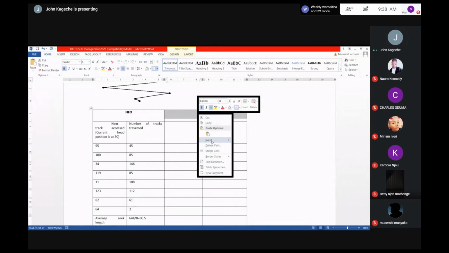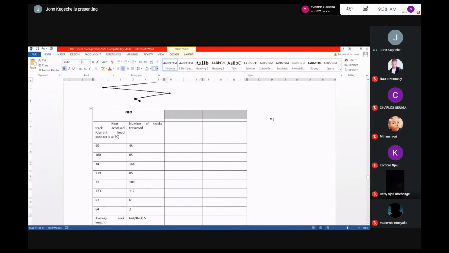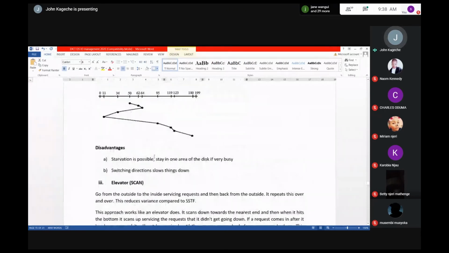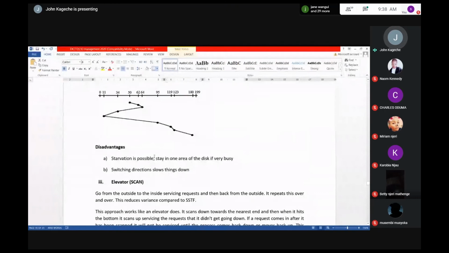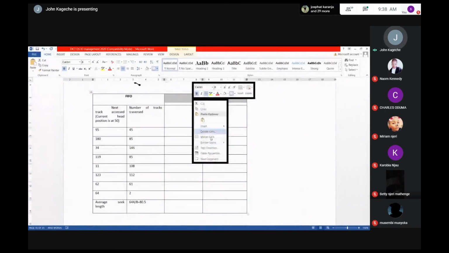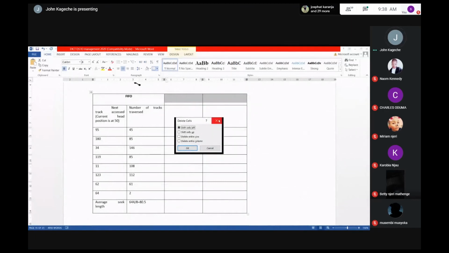Insert. Not really. Now I'm supposed to do that elsewhere. For the shortest seek time, I can do it in another place. But because I don't want to take a lot of time, I can do the same here and call this what? I can merge this and call it what? Shortest seek time.